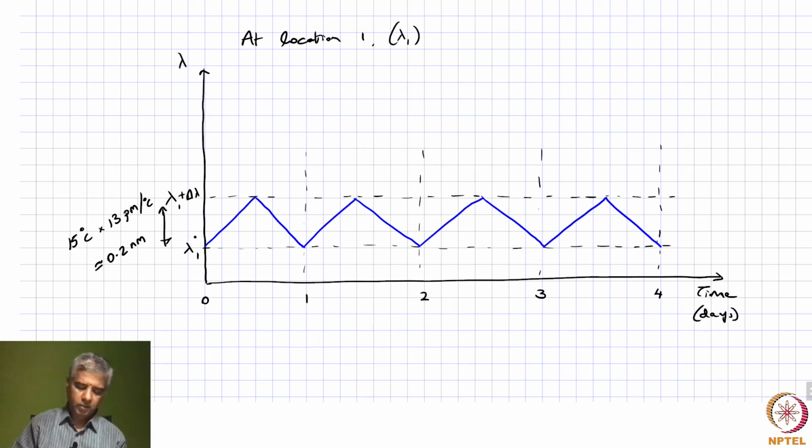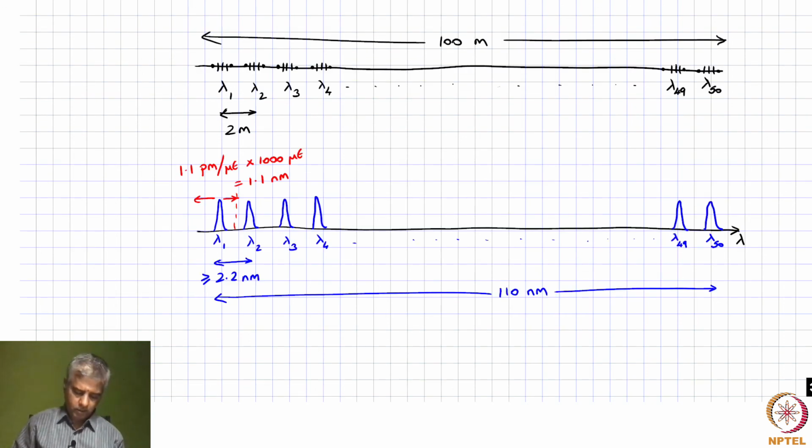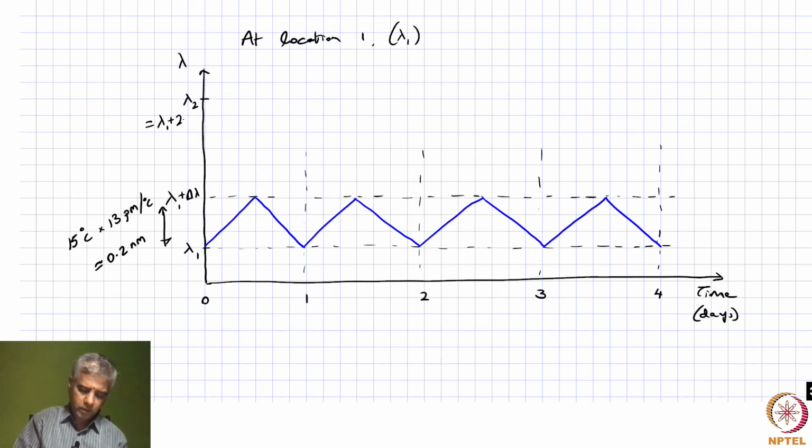And of course what is important is that this temperature change does not affect the measurement at some other wavelength. So in this case we are considering lambda 2. Where is lambda 2 with respect to lambda 1? Lambda 2 is given by lambda 1 plus what we decided here, which was 2.2 nanometers. So if lambda is in nanometers, that's actually 2.2 nanometers away.